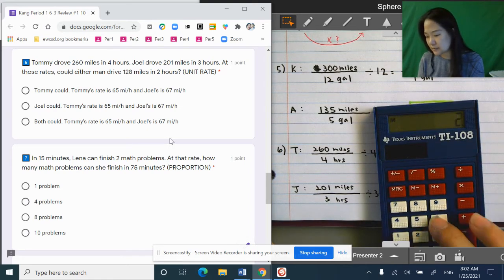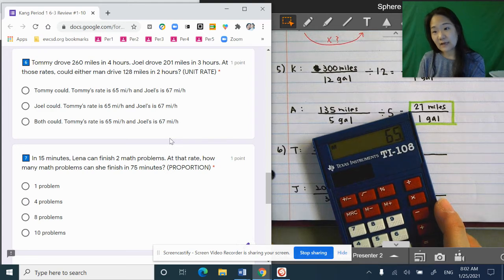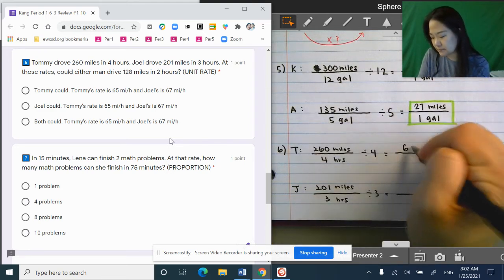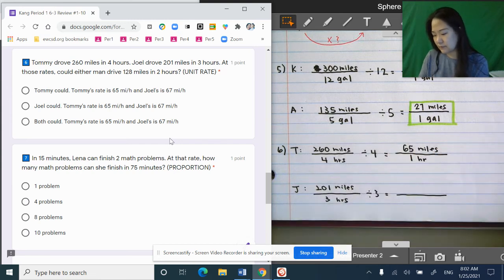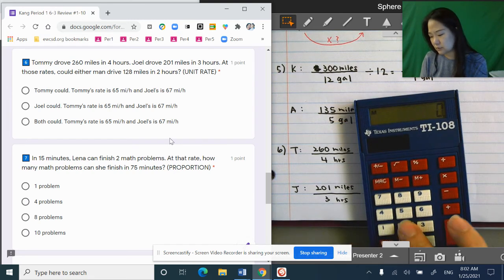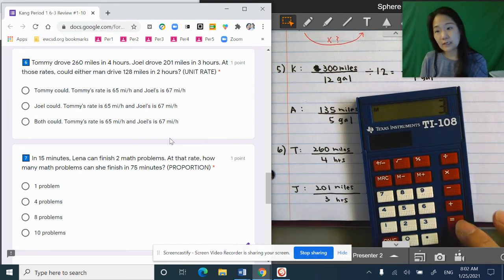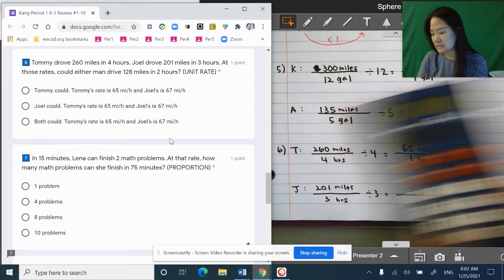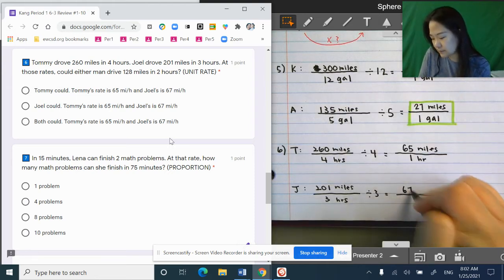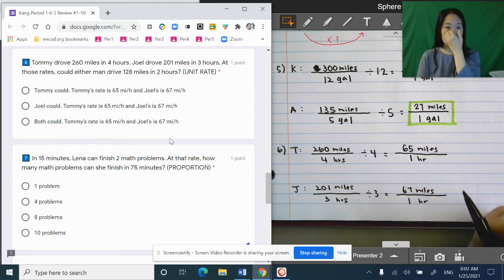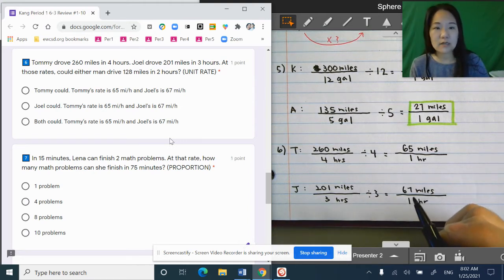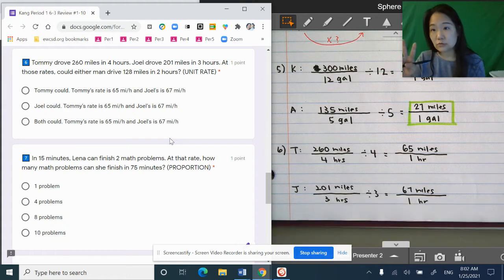So 260 miles, divide by 4, you get 65 miles per hour. Now, for Joe, 201 divided by 3 hours, you get 67 miles per hour. Now, if you look, it says at this rate, can they drive 128 miles in 2 hours?